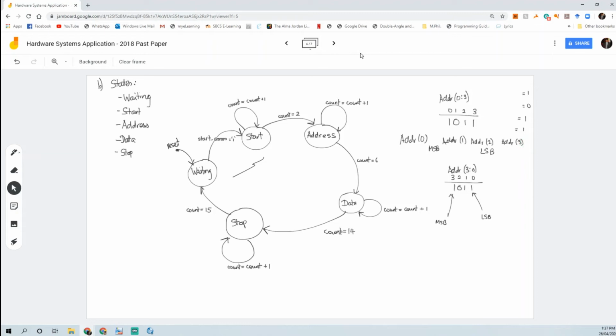Okay, so we have address 0, address 1, address 2, and address 3. However, the significance of the bits does not change. The only thing that changes is the indexing. So this is still my most significant bit. This is still my least significant bit.